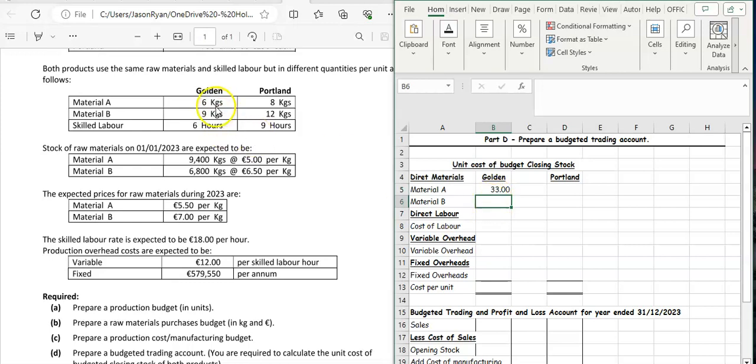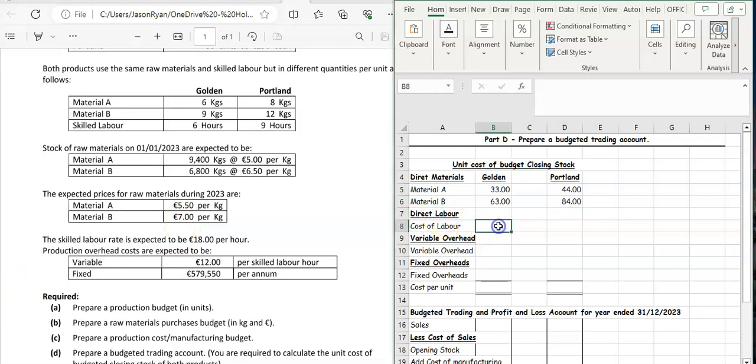For material B, for Golden is going to be 9, and material B costs us €7, so 9 by 7 gives us 63. For Portland, material A, 8 kg by €5.50. And for B then, for Portland, it's going to be 12 kg, multiply that by 7.